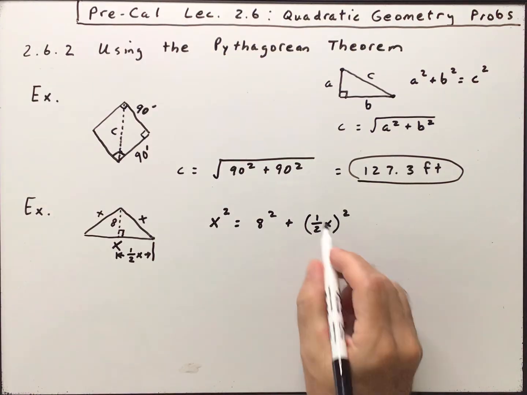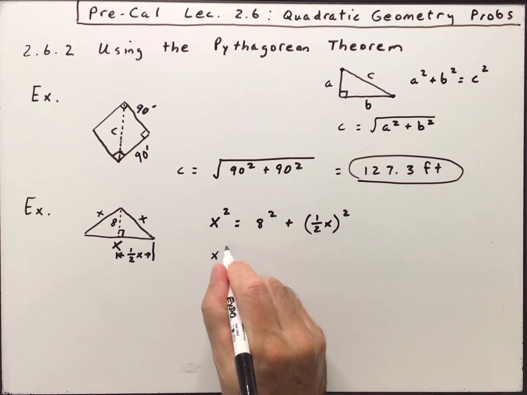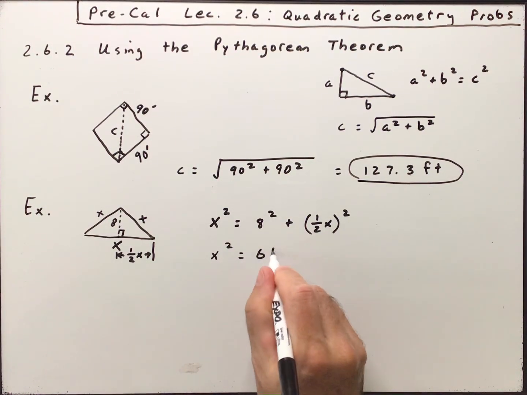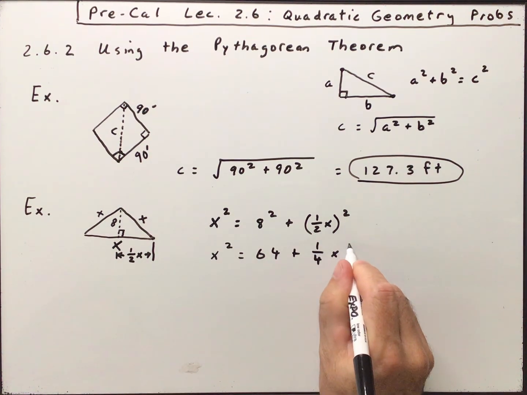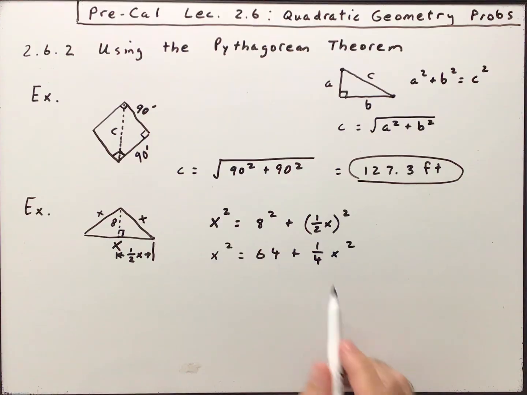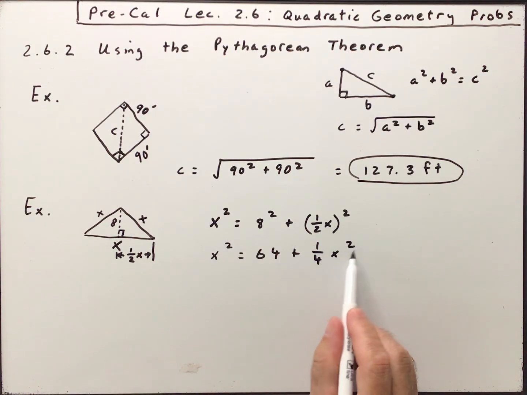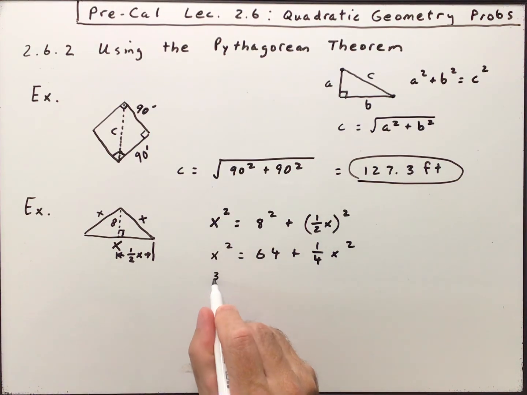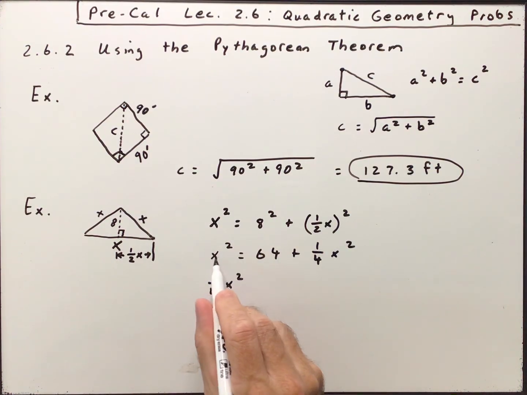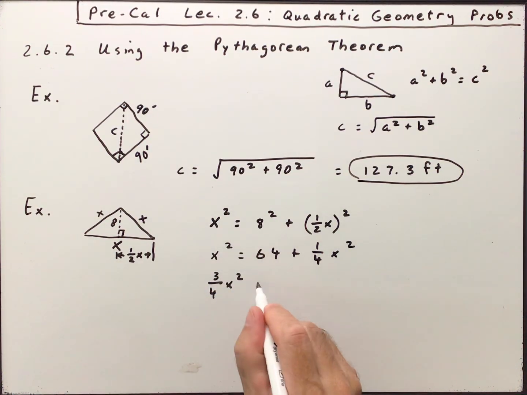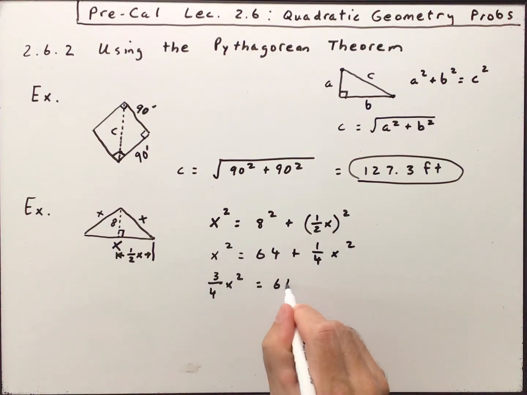Okay, so 1/2 squared is a fourth, so we'd have x squared is equal to 64 plus 1/4 x squared. If we subtract 1/4 x squared from both sides, I would have 3/4 x squared on the left, 1 minus a fourth is 3/4, is equal to 64.